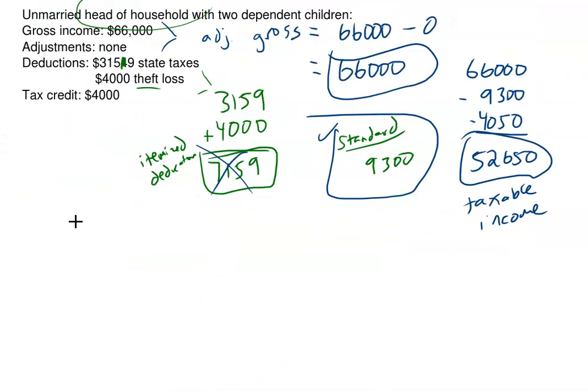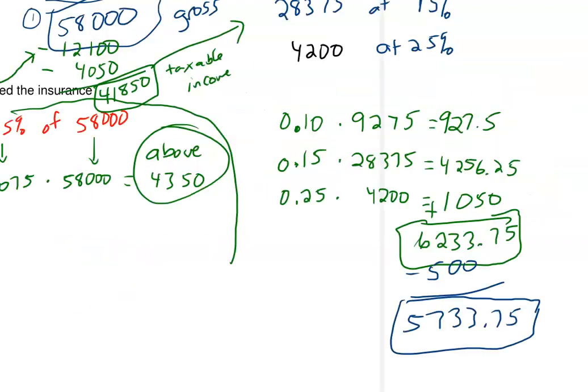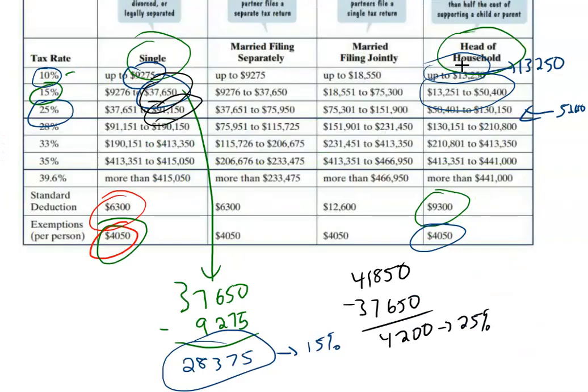So we'll do that over here. 10% of 13,250 for head of household. The next tax bracket is taxed at 15%. Sorry, I went the wrong direction. Again, that's going to be the full amount from 13,251 to 50,400.